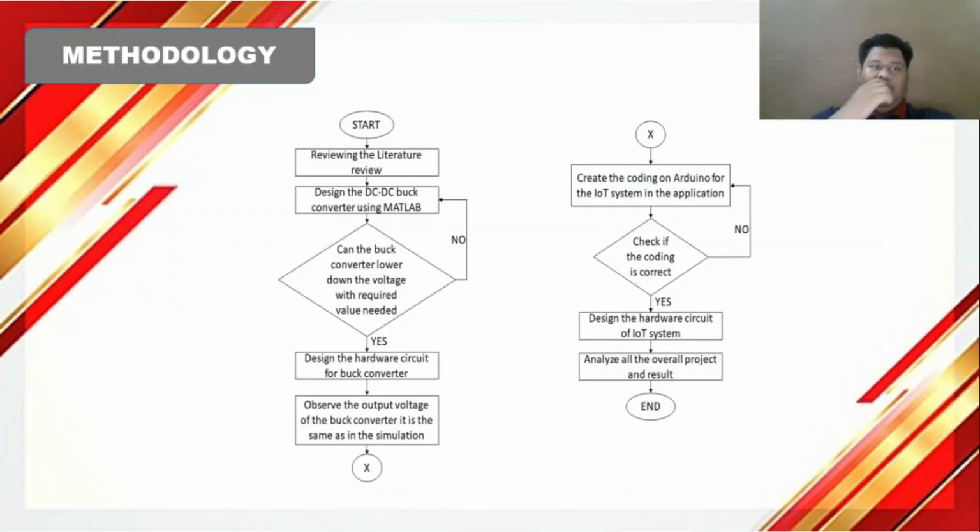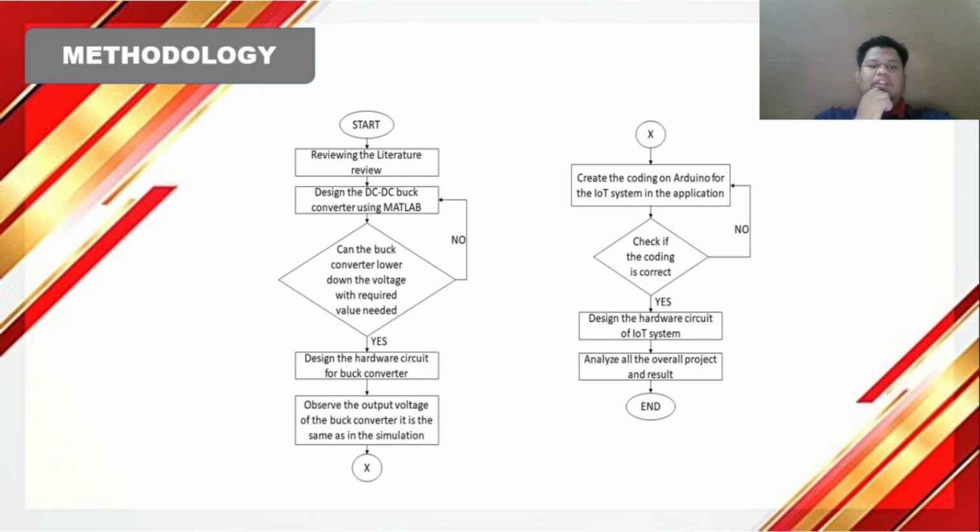So we go to the methodology. For the first step is reviewing the literature review. And next is to design a DC-DC buck converter using MATLAB. So if it cannot reach the required value of the voltage, I am going to repeat and design it again.